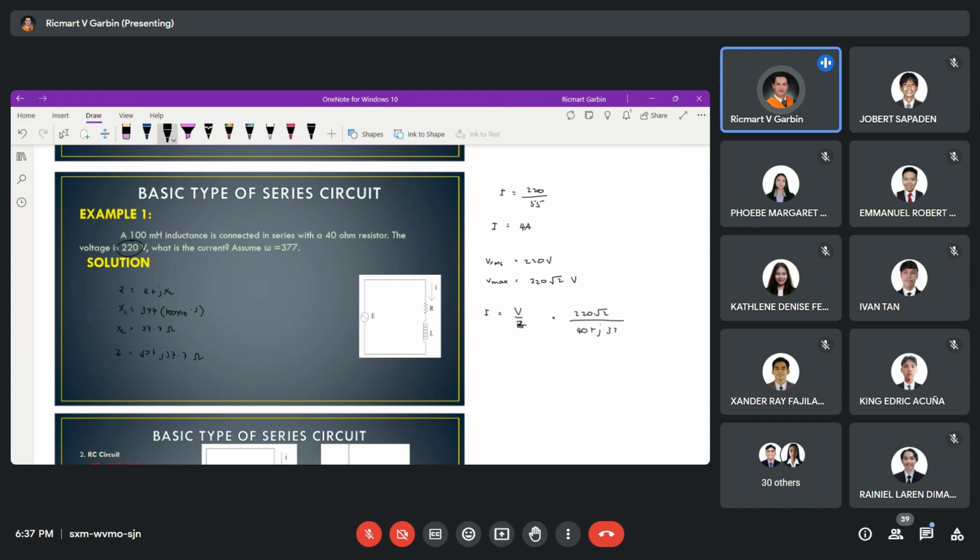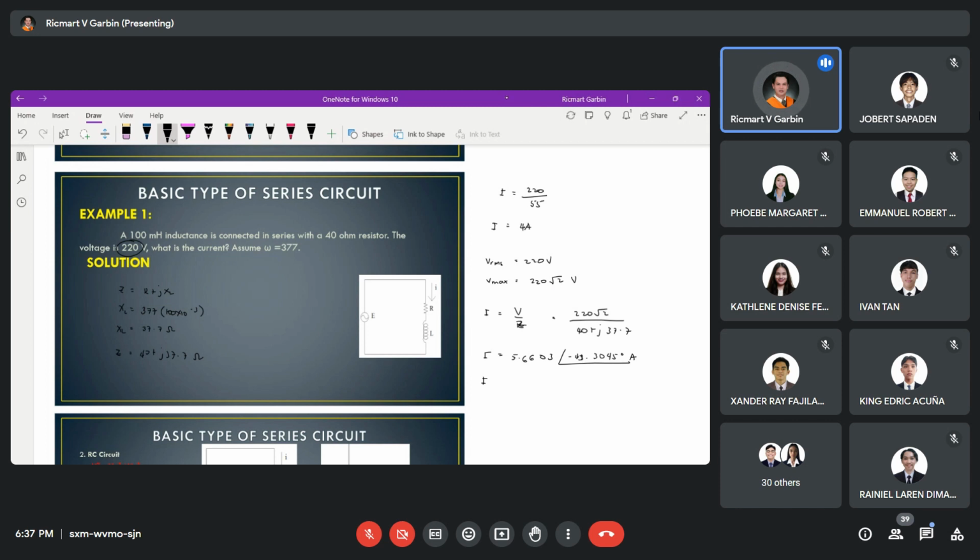Kung ilalagay natin siya dito, that is 220 square root of 2 over 40 plus j37.7. So, ang current natin dyan, supposedly ay 220 square root of 2 over 40 plus j37.7. So, we have 5.6603 angle negative 43.3045 degrees ampere.